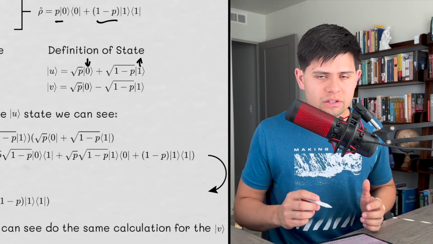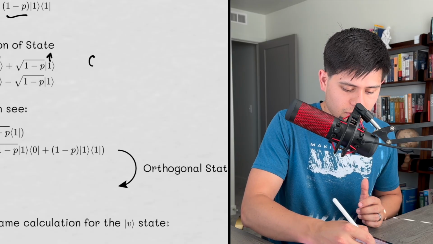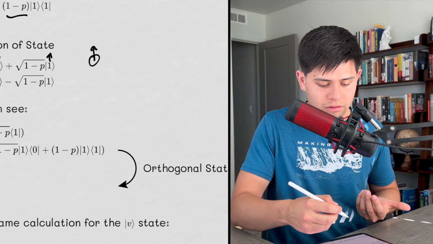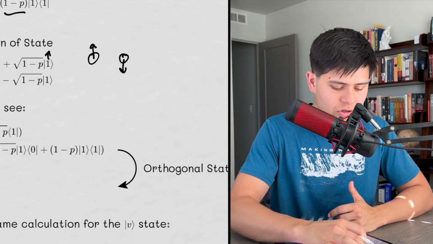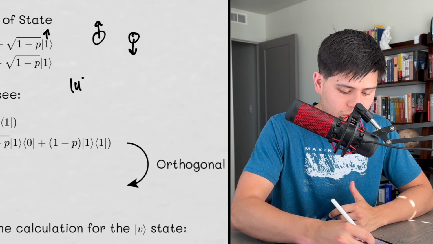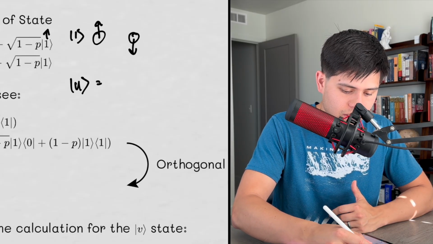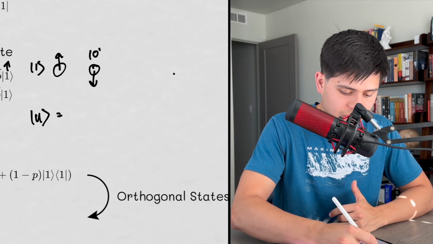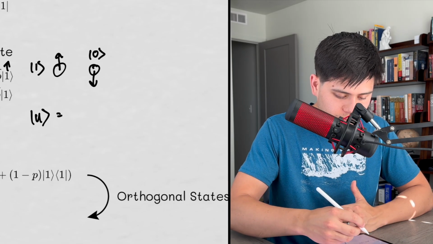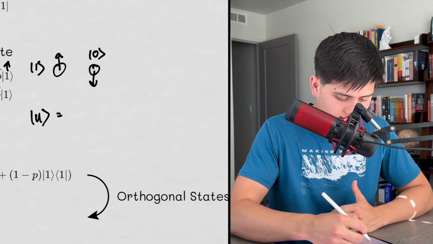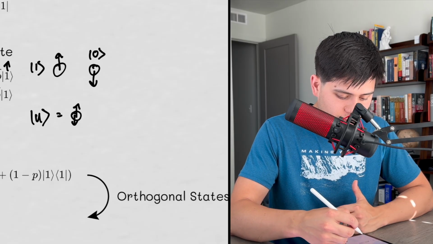So we're allowing our system, if you can picture this, a particle that can have spin up, or spin down, or it can be in a superposition of the two. So our U state, for example, this would be our 1 state, this would be our 0 state, and we have a particle in a superposition between up and down.